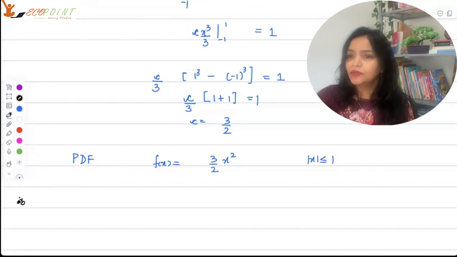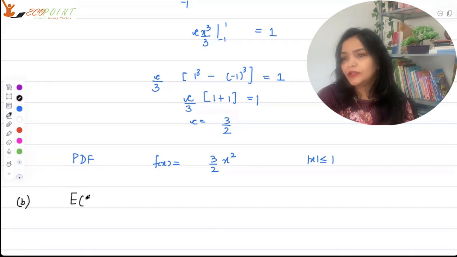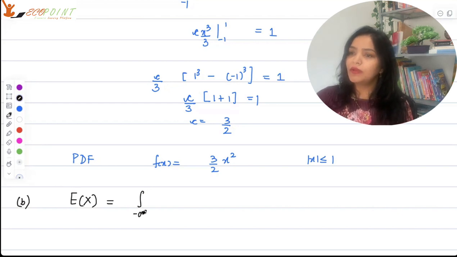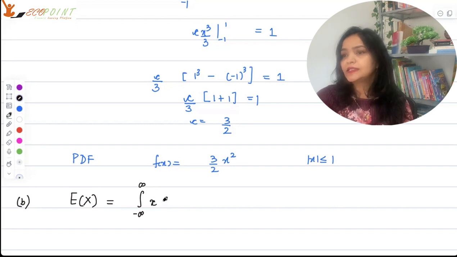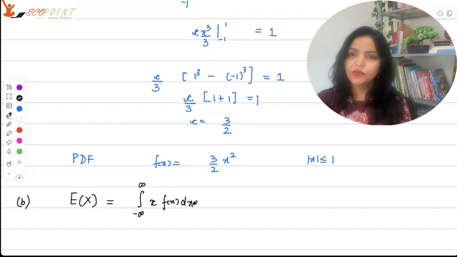Hence, let's find out part B. So let's try to find out the expected value of this random variable. Expected value is the integral from -infinity to infinity of x times fx dx. The concept of expected value is exactly the same as the discrete.